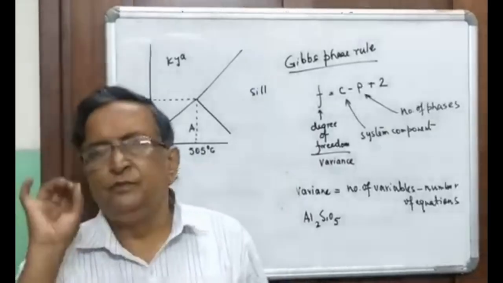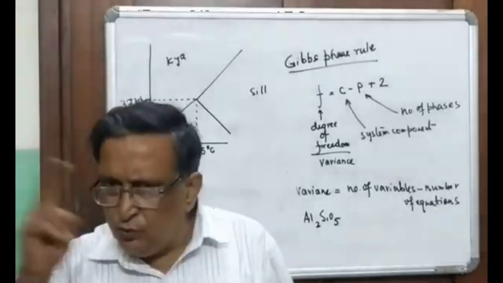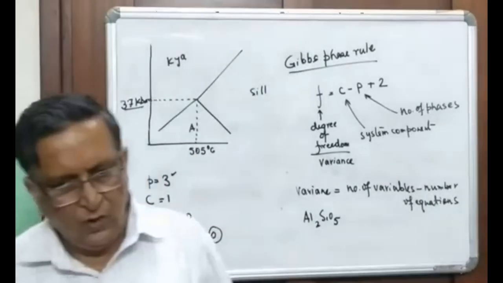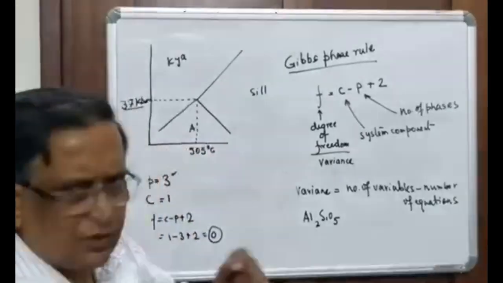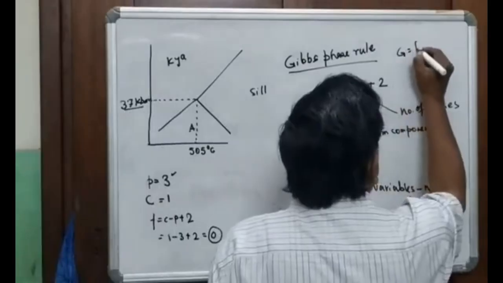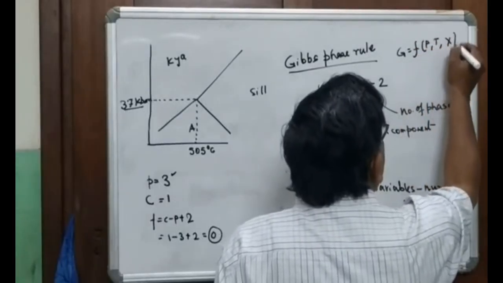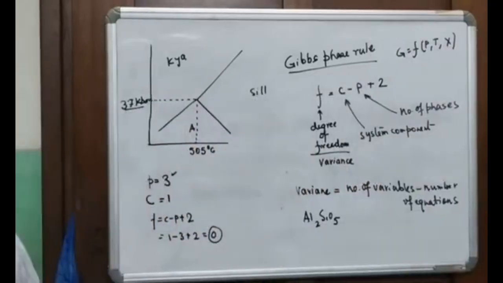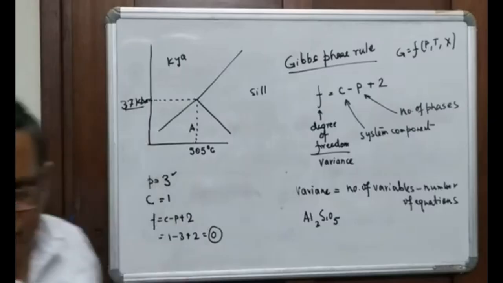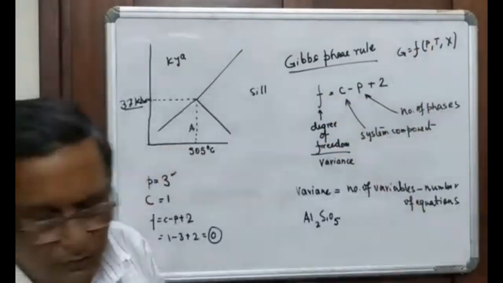For the moment, you know from those first two chapters, just briefly, that G is a function of pressure, temperature and composition. Isn't it? Whatever the equation is, it's a function of pressure, temperature and composition.